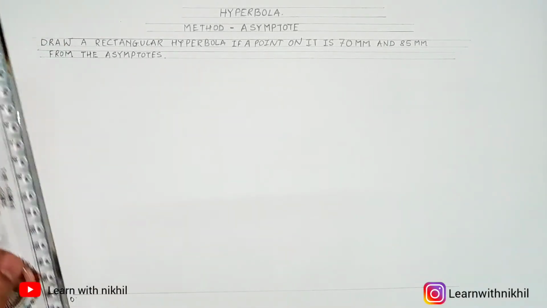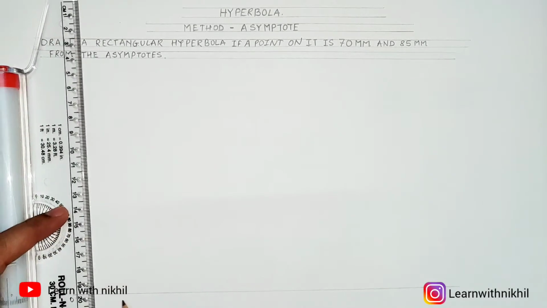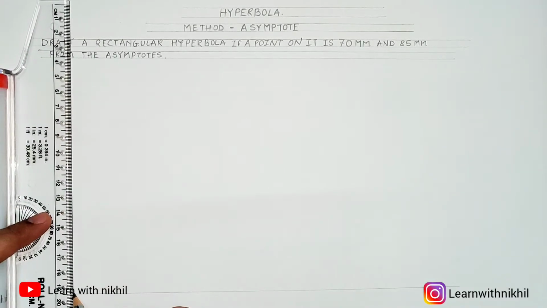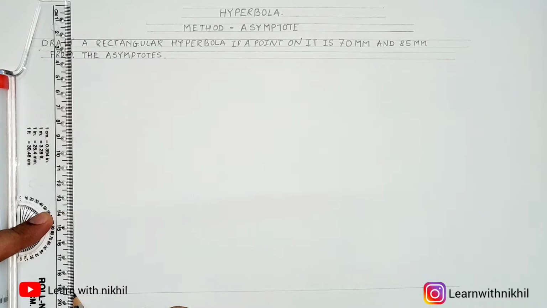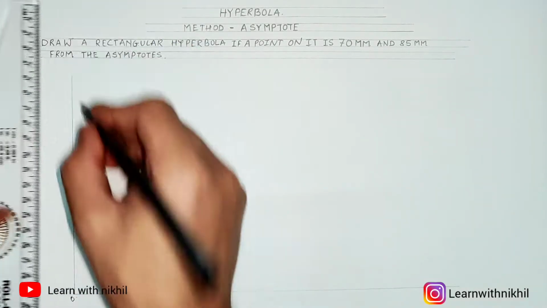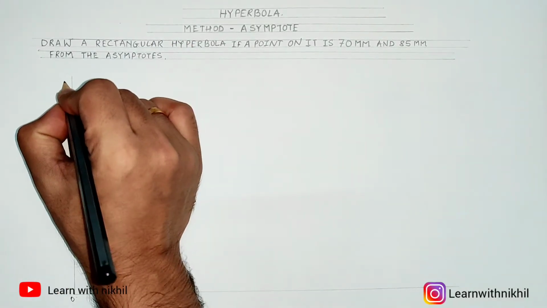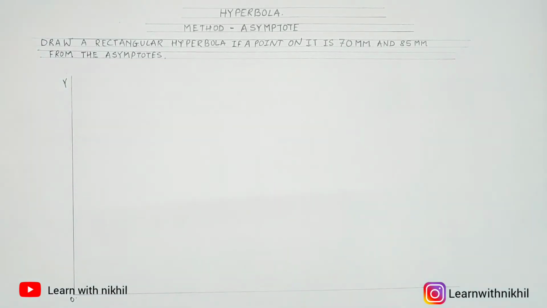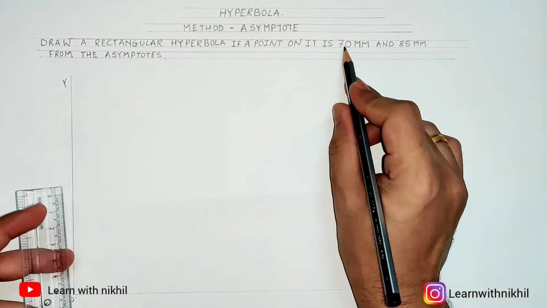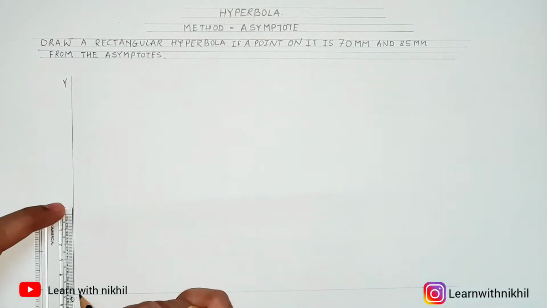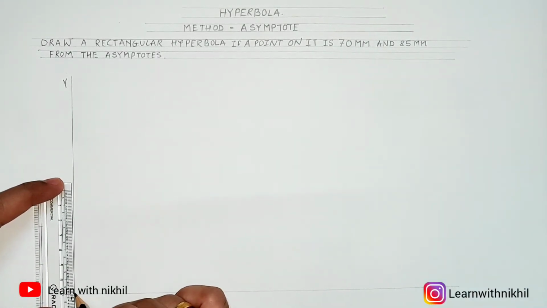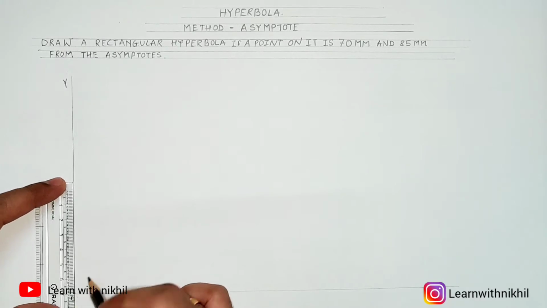Now from the point O, we will draw a straight perpendicular line and mark it as Y. These are the two lines which are called asymptotes. Now we will mark the 70 millimeter and 85 millimeter from these asymptotes.